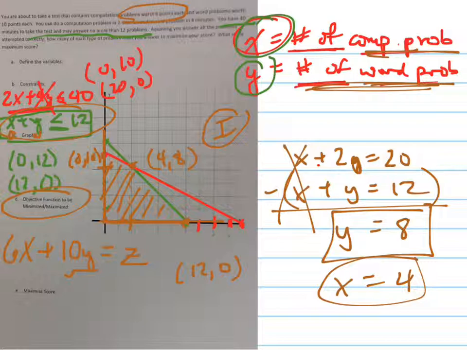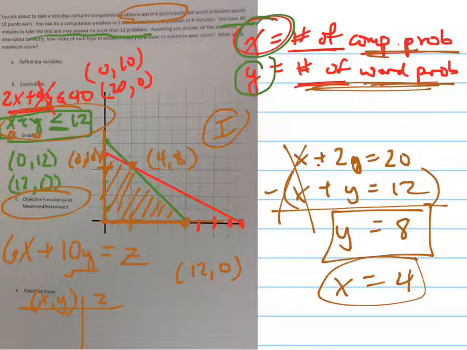So now we're going to figure out which one of these 3 points, which one of my x, y points on the boundaries or on the edges of my feasible region, is what this is called. These points are called critical values a lot of times, or critical points. Which one of those 3 points gives me the biggest z value?